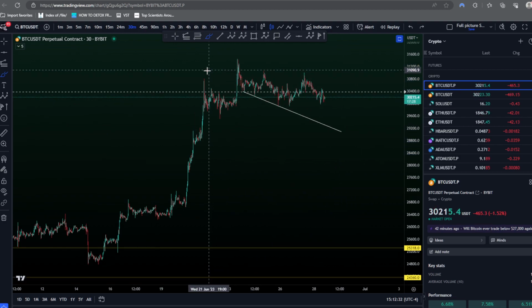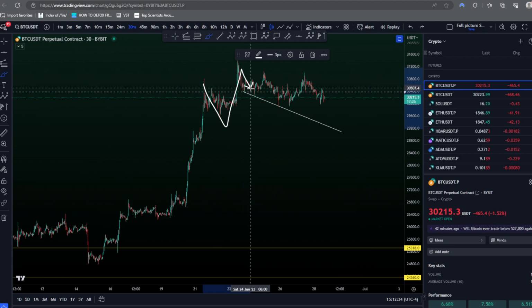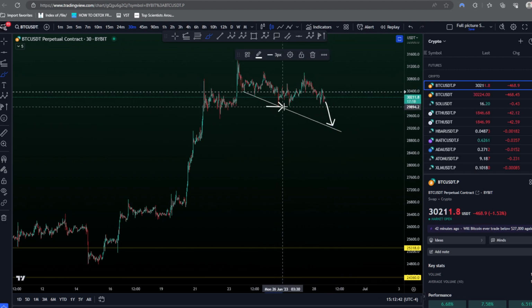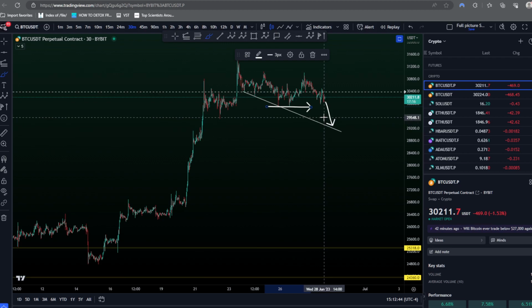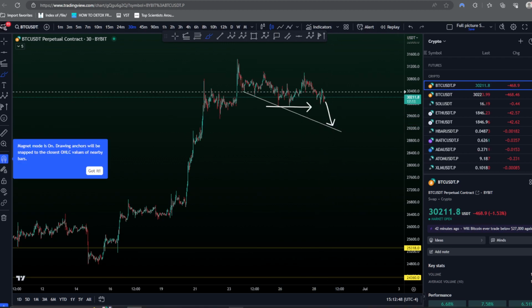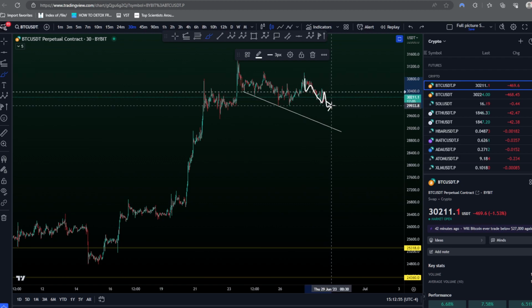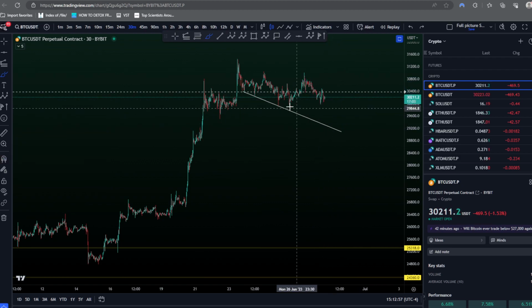This right here looks like a flat. I want to see some action come into this liquidity, break this low, and I want to watch the reaction right here, see the wave structure and how it looks. Maybe something like that.